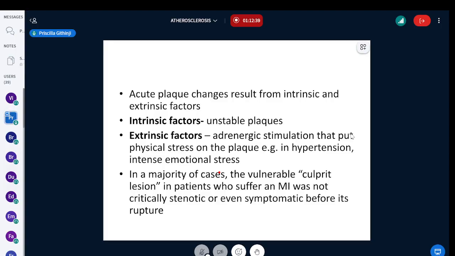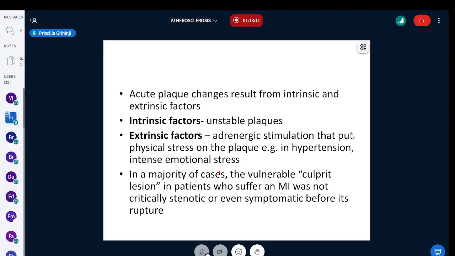Then you have external factors. That's why I was saying that majority of the time, these atheromatous plaques are usually silent until they're triggered by an event. So what we are referring to as your extrinsic factors. For example, now where you have adrenergic stimulation that puts physical stress on the plaque, like for patients who have hypertension, or in cases of intense emotional stress.